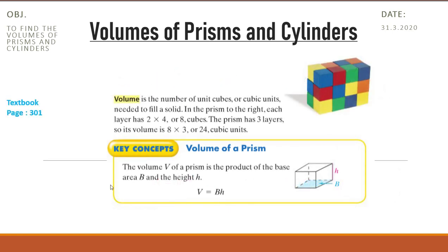Now back to the textbook. Volume is the number of unit cubes or cubic units needed to fill a solid. In this prism, each layer has 2 multiplied by 4 cubes.